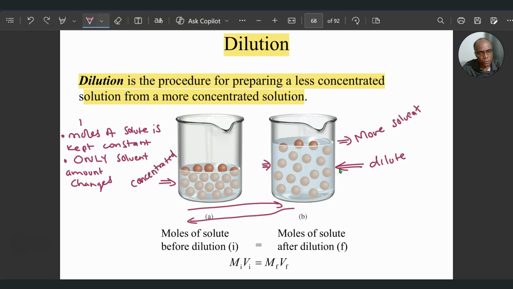So if moles of solute is kept constant, then we can play around with molarity and volume, because remember the triangle. Moles equals molarity times volume in liters, right? So if you increase the volume, the molarity will decrease, keeping the moles constant.